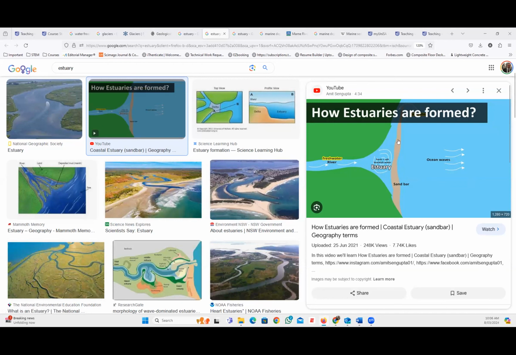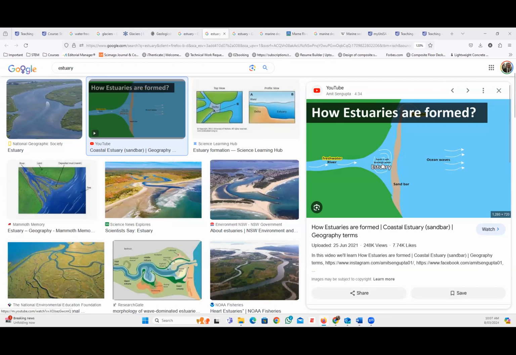Here there are some deposits called a sandbar, and in this area, because the speed of the water is not high, some of the soils are deposited here. The soil deposited here has different properties and is called estuarine deposits.